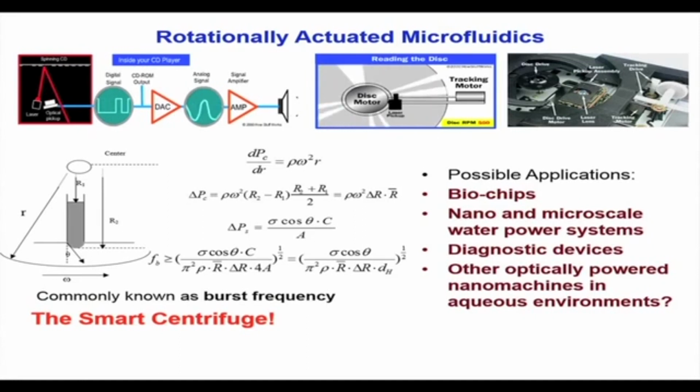Let us say, just look at this picture. There is a rotating disc, and there is a fluid, and you can see that this fluid meniscus is such that the surface tension force acts in which direction?